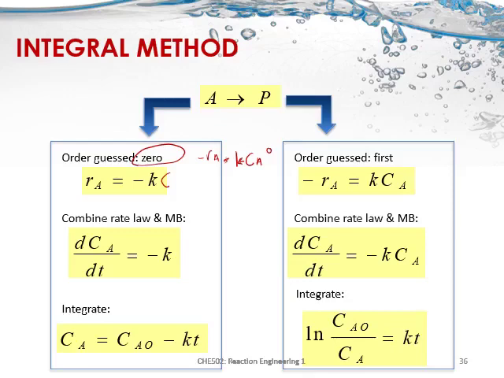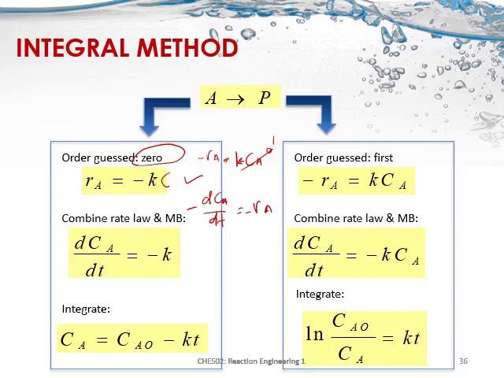Since CA, the concentration of species A, the key reactant, to the power of 0 becomes 1. All right. So combine the rate law and the material balance. This is your rate law. The material balance is dCA over dt equal to rA, or you may have the negative sign.